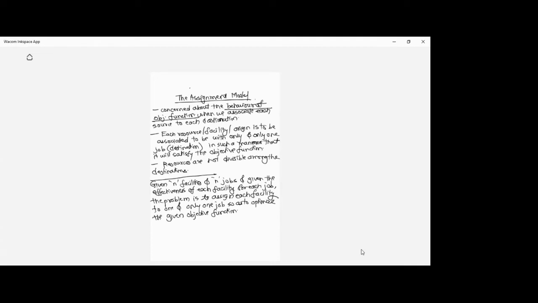So this is very, very important. Here a lot of things will get clear. You can say that this is the explanation of your assignment model.